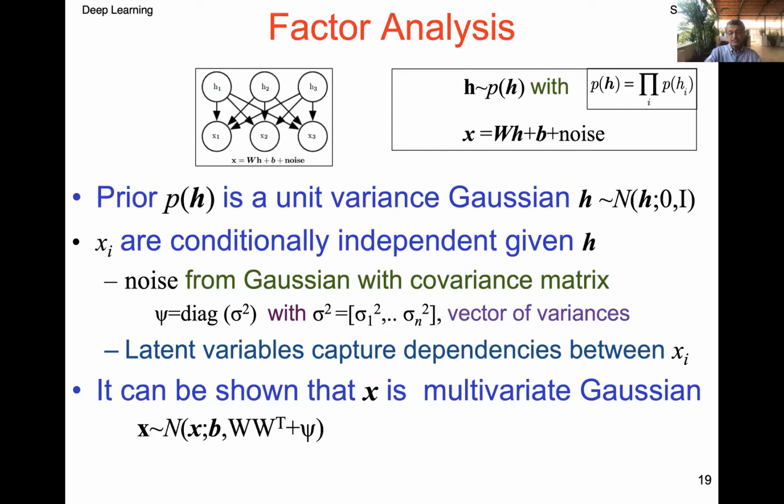It can be shown that x is multivariate Gaussian. So in factor analysis, we can show that this x is assumed to be multivariate Gaussian. If we're using exactly this model, some W's are generating the x's from the h's. So the basic idea we saw earlier on is being explained by this set of equations here.